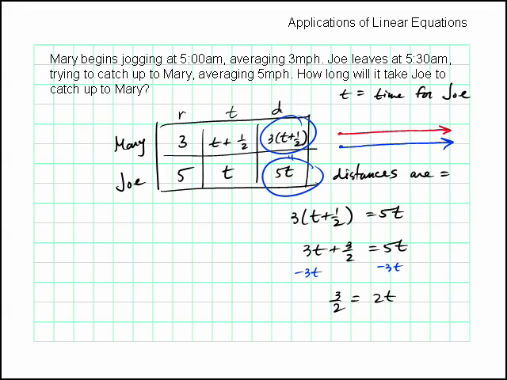And then multiply both sides by 1/2, times 1/2 times 1/2, like that. And we end up with t equals 3/4. And so this right here is our 3/4, and that's the answer to the problem.